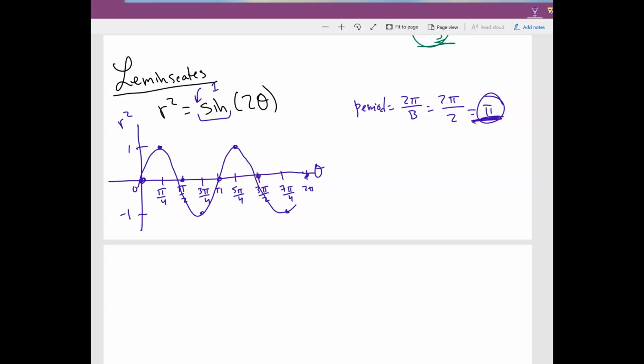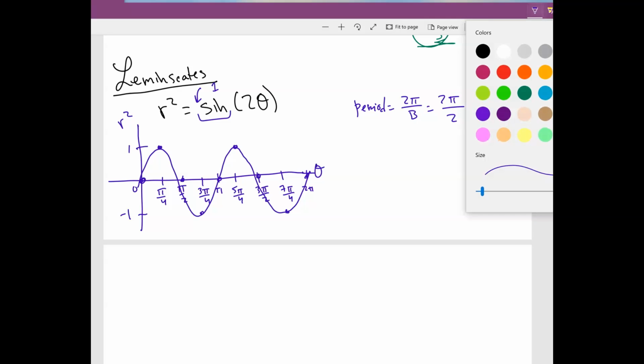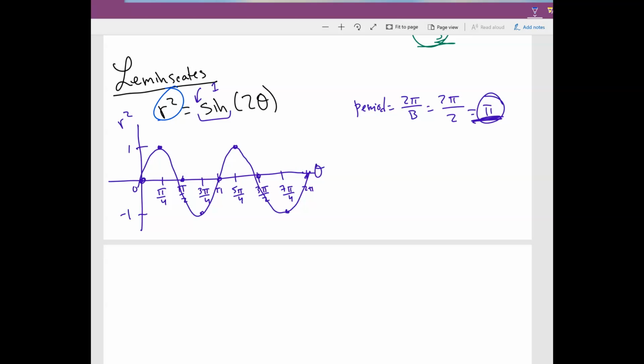Okay. All right. So now we have to be very careful though, because notice that r squared here is only going to take positive values. It doesn't make sense for it to be negative. So basically all of these bottom ones, let me just write it like this instead. So you have kind of like this graph here. This function is only defined when it's positive, because if sine theta is negative, well, you can't take the square root of a negative number.